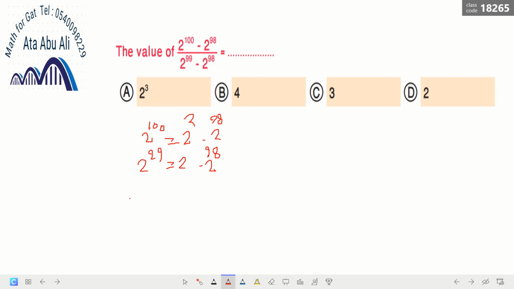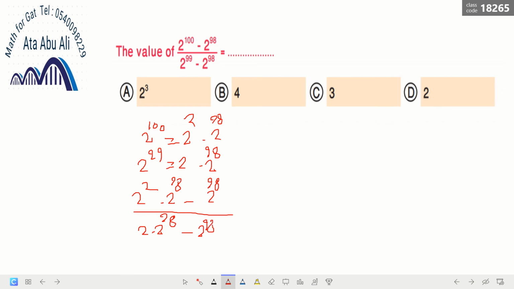Now if we go back here and replace this, we have 2 to the power of 2 times 2 to the power 98, replaced with 2 to the power of 100 minus 2 to the power of 98, over 2 to the power 99 replaced with 2 times 2 to the power of 98, minus 2 to the power of 98.